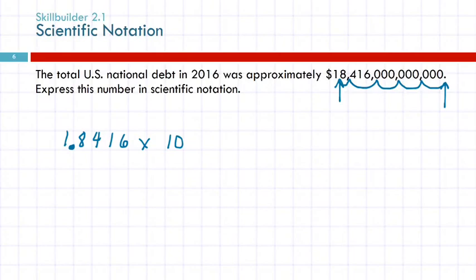I moved it 13 places. So this is 10 to the 13th, and then I decide on the sign. Is that a big number? It's a heck of a big number. So it's a positive exponent. So we can express that in scientific notation, 1.8416 times 10 to the 13th. Any questions?